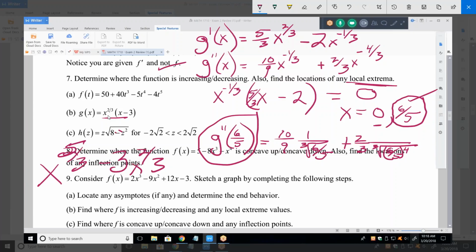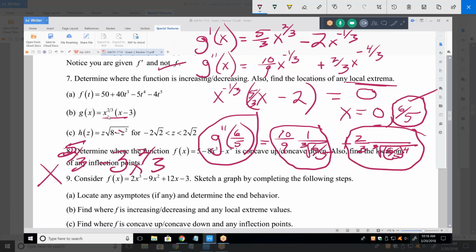Yeah, that's it. All I've taken is the second derivative and I've plugged in 6/5. And I put it in the denominator because of the negative exponent. Now, that's a positive number, correct? I don't have to do the math.